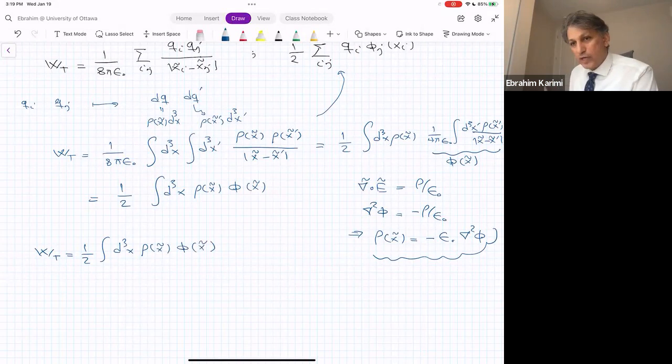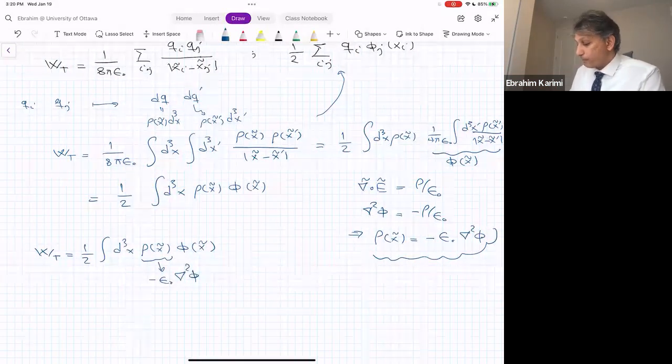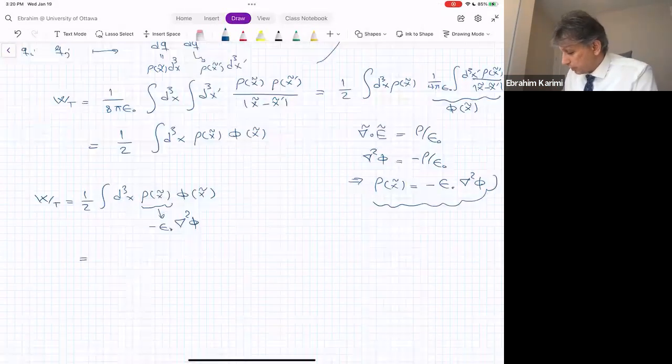But I know that we are dealing with the electrostatic case, then rho can be replaced by minus epsilon 0 Laplacian of phi. Let's do that. So I will get minus epsilon 0 divided by 2 integral of d3x Laplacian of phi times phi.